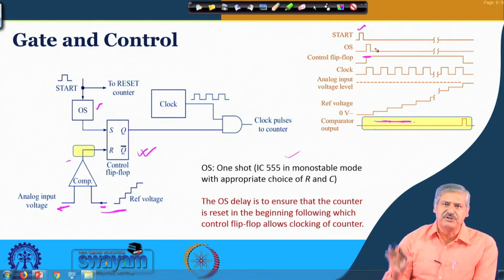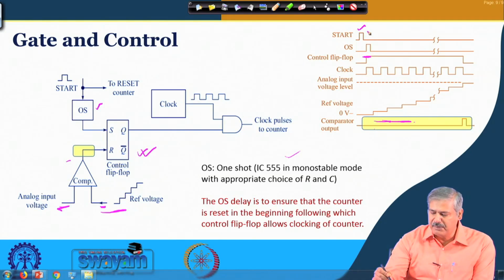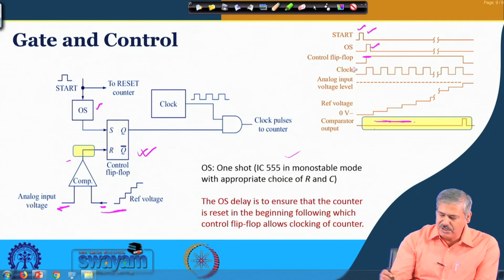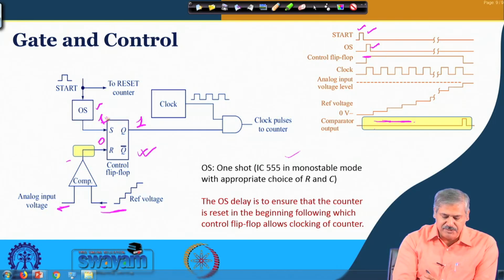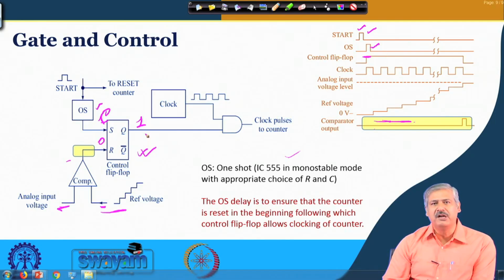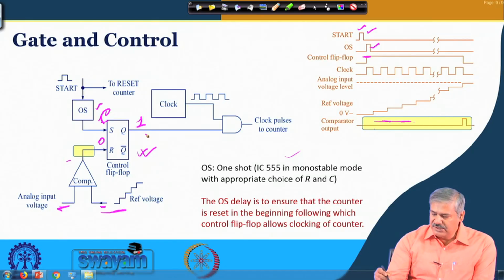First it is ensured that the counter is reset, and then the one shot output comes here. The one shot output becomes high, 1. So, this is 0, and this output will become 1. After that it becomes 0. So, 0 0 means the previous value will be retained. Is it fine? So, when this is 0, this remains at 1 and this clock is coming.